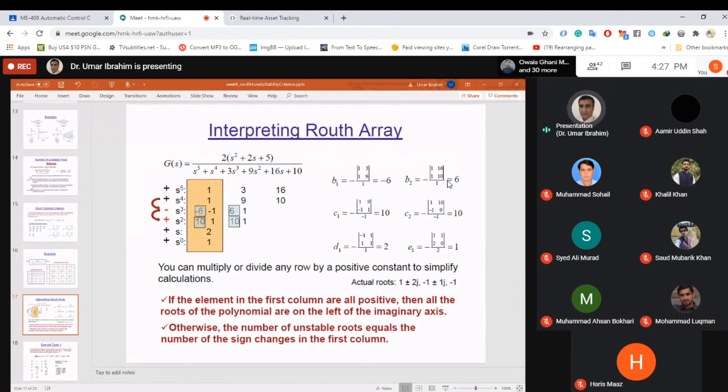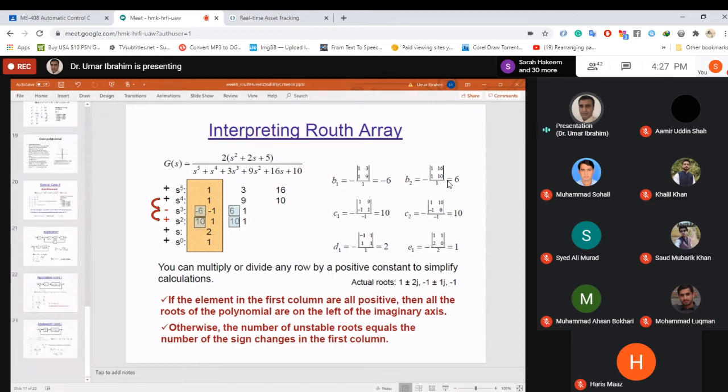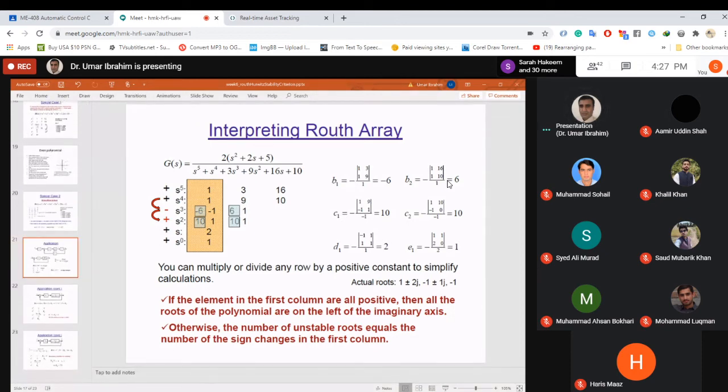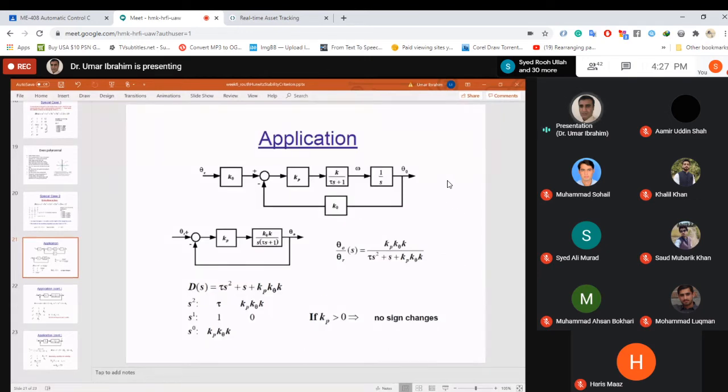if you have a system, let's suppose you have a system, let's do an example. Let's suppose you have this system, okay? You have this system. Is there any question about this system? It's basically a feedback control system. Okay? It's basically a feedback control system.